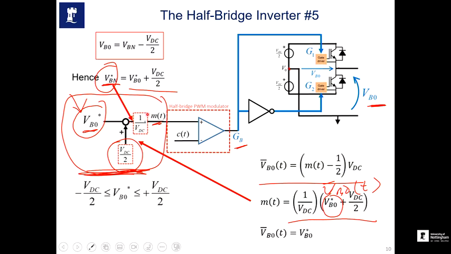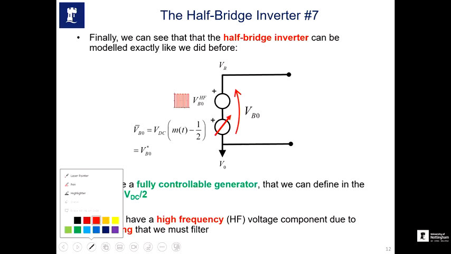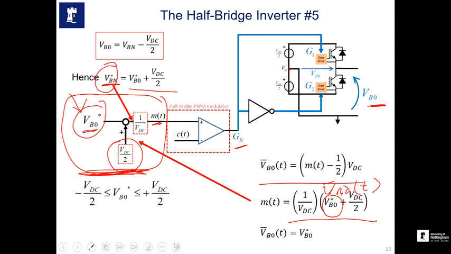Then you divide it by VDC to get the MT. So from this block diagram, we get this formula in here, and by using this equation, if we rearrange it, we get a similar formula, which means these two terms, the VBO star and VBO average, are equal.